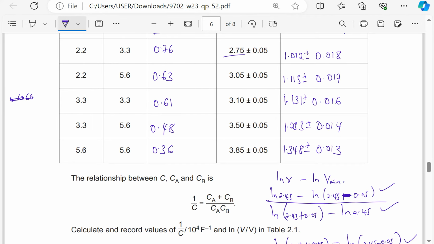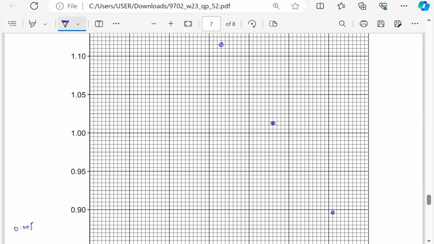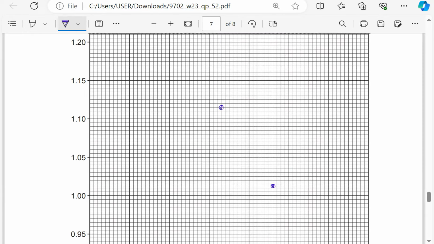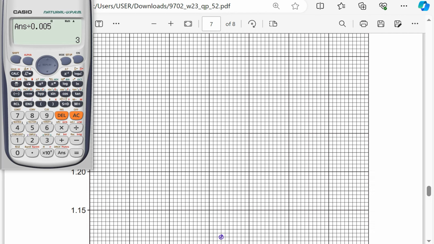The next one is 0.61 against 1.131. 0.61 is just one box. I'll check with my calculator. It is after 1.10, so 1.131 minus 1.10 divided by 0.005.